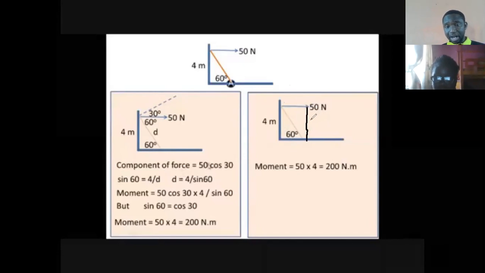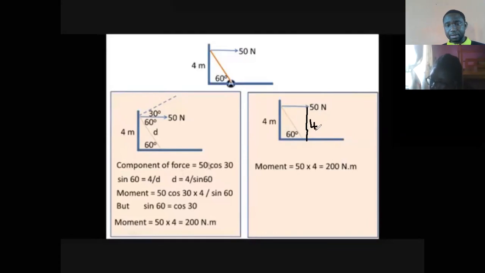Yes. Okay, now this means that this place also is 4 meters. You understand that, right? Yes, sir. Okay, then moment is just force times distance, 50 times 4, which is 200 newton meters. Okay, I guess.